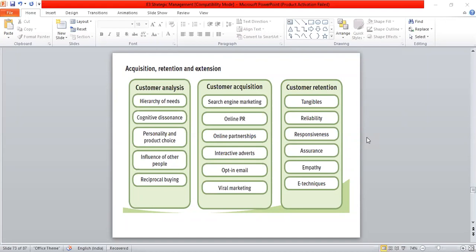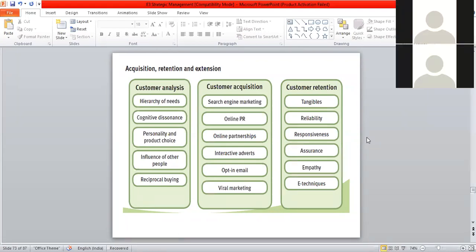So allowing them to be connected with them. So that is online partnership. Getting connected with the customers.